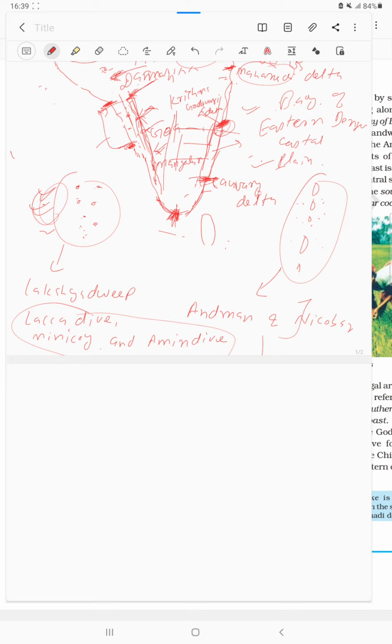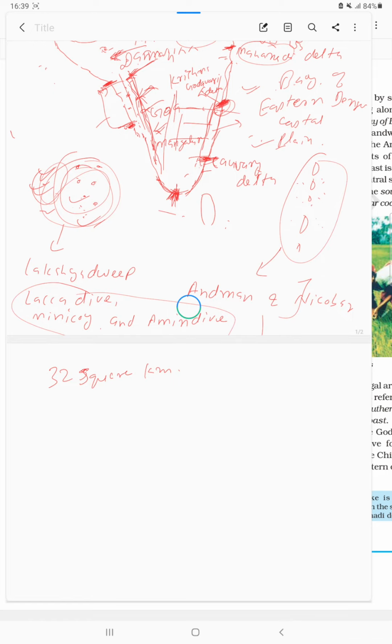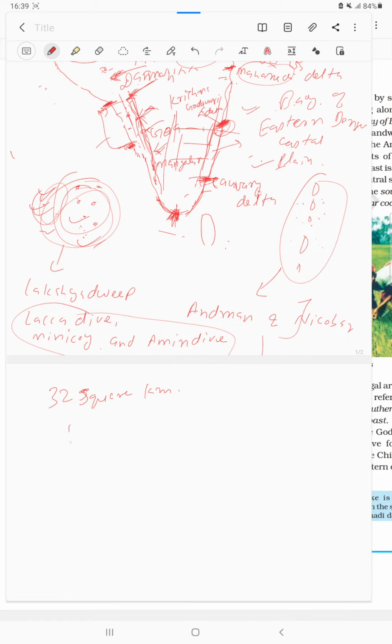So this island group covers around 32 square kilometers, and the capital of Lakshadweep is Kavaratti. It is a union territory controlled by the central government.